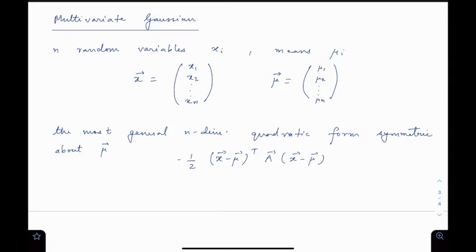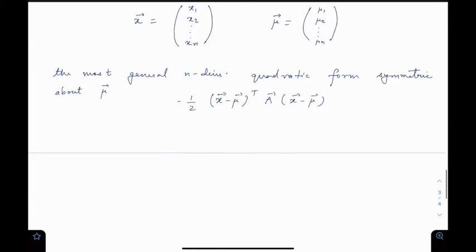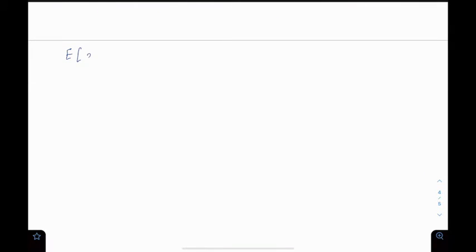Now, since this has been constructed to be symmetric about mu, we must have the expectation for this entire vector x should be the vector mu. Or in other words, expectation of x minus mu should be 0.